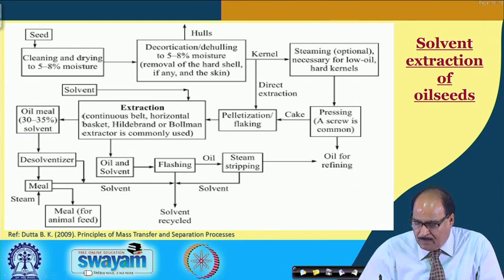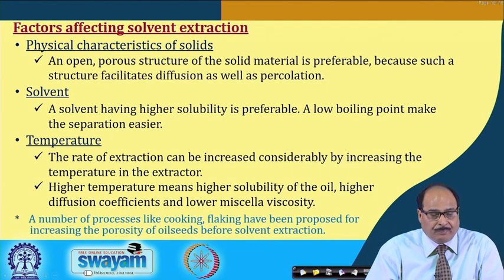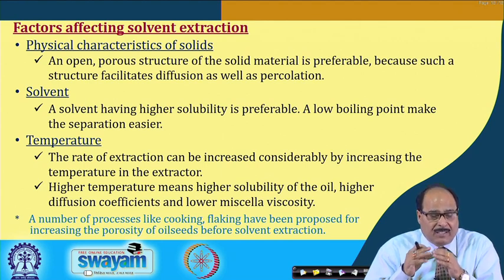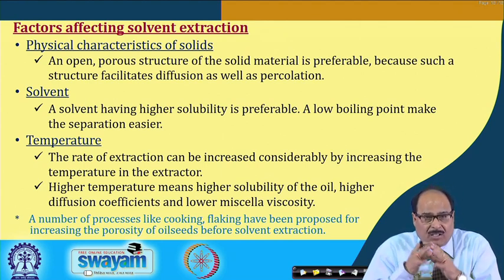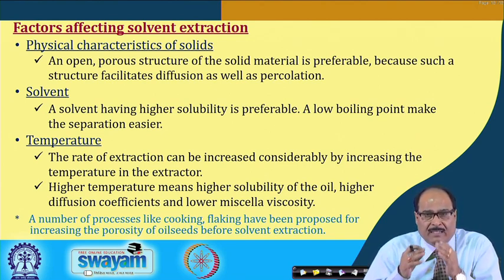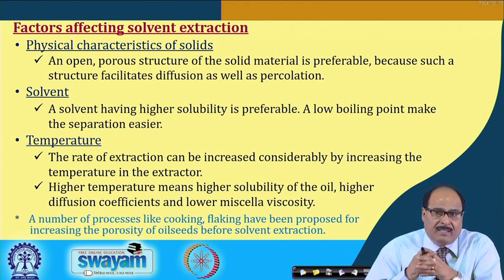The various factors like physical characteristics of the solid, the characteristics of the solvent, and temperature of the extraction process in the extractor all influence the solvent extraction process, oil yield and quality of both the oil and meal.